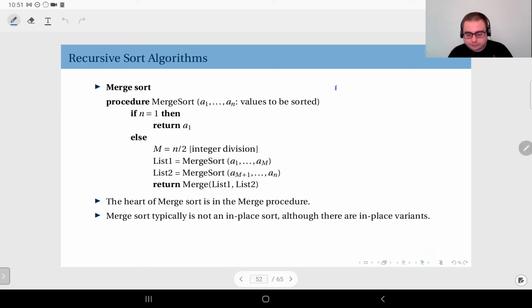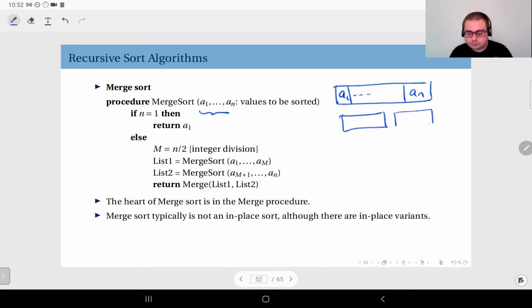you essentially have a sequence of numbers, again specified here, a1 through an. So you actually separate this sequence into 2, and then you sort these within themselves, 2 of them, and then you combine them together.